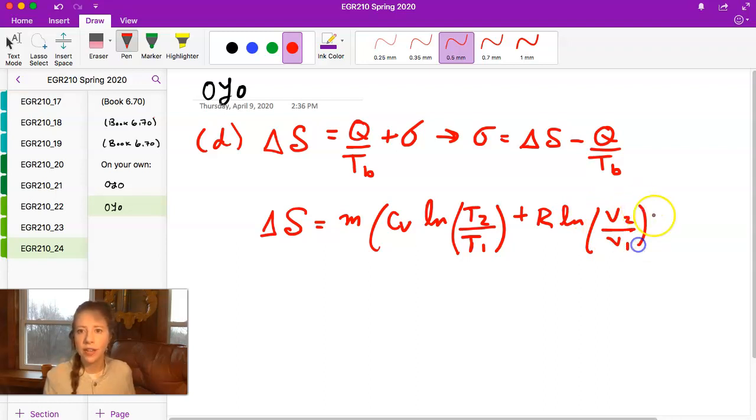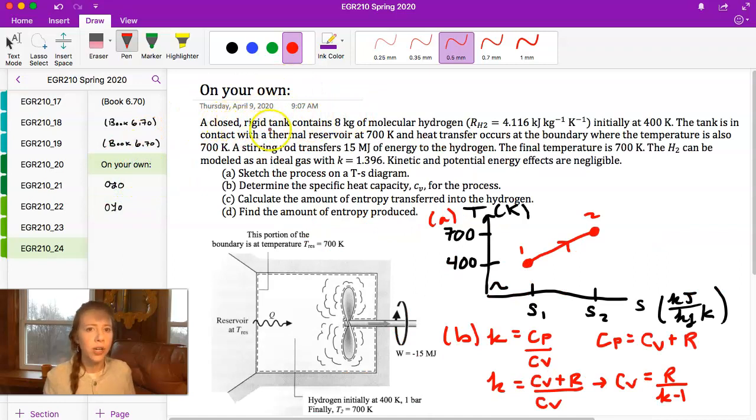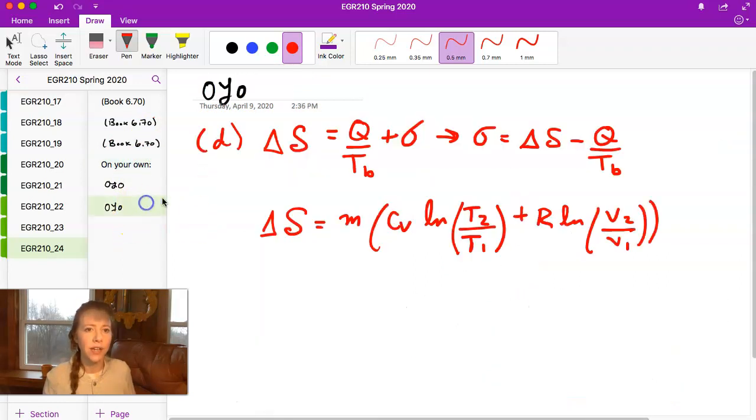And we derived this last lecture. And so here's the thing. We are dealing with a closed, rigid tank. So delta V is 0. So that means this term is 0. And now we have T2, we have T1, we have Cv, which we figured out in part B. We have our mass, and we have Q over TB. Okay, so now we can get our entropy production.